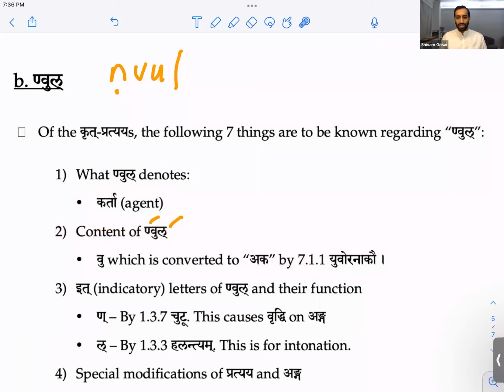The logic is that there's a sutra that says so, so there's not much more logic than that. Nvul, Nakara and Lakara are it letters, along with Vu, and Vu becomes Aka. So this Aka we have to remember. Nvul becomes Aka.